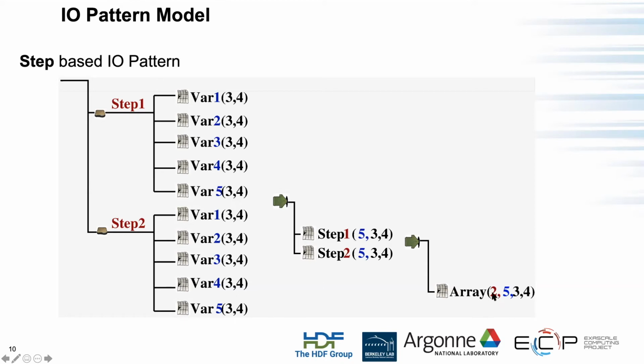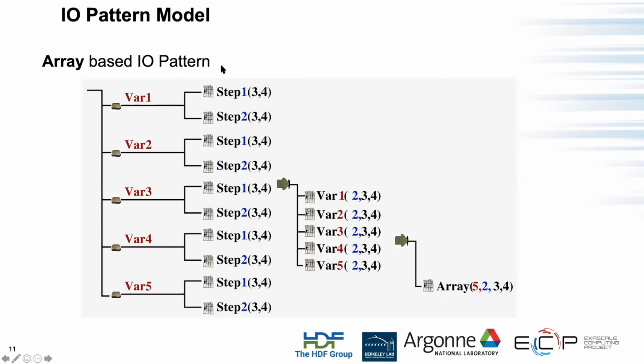So here you have your time, your variables, and then the variable dimensions itself. That's what we call this step-based IO pattern. The other option is to use an array-based IO pattern. So here you arrange it according to the number of variables you have, which is 5. So you create those groups, and for each of those variables, you have your step 1 and your step 2 data sets, and you repeat that for all the variables.